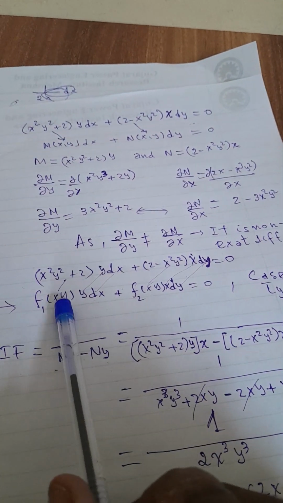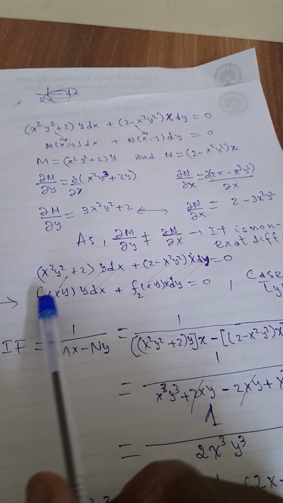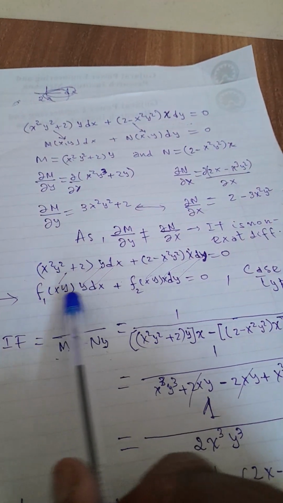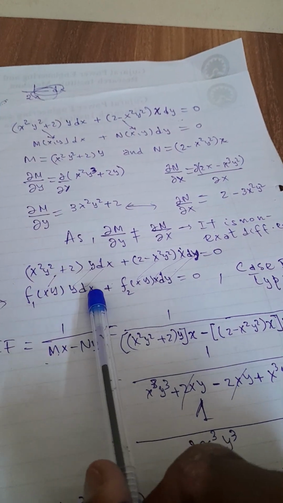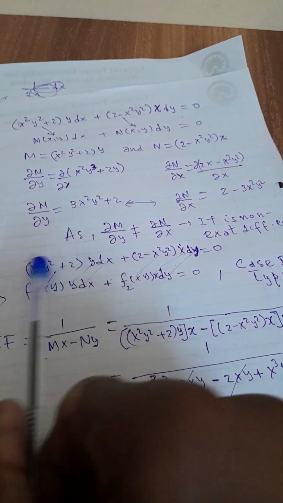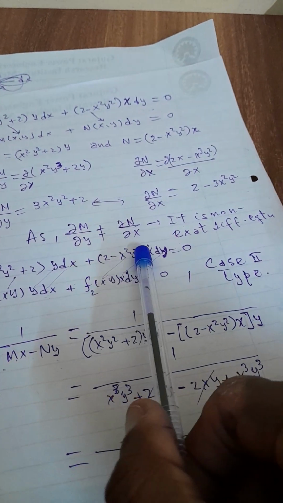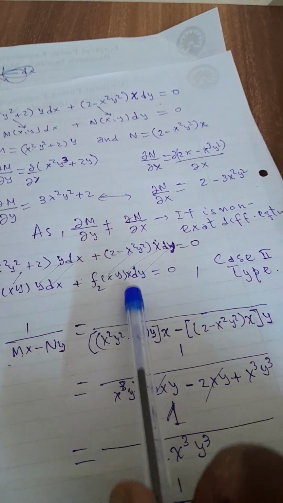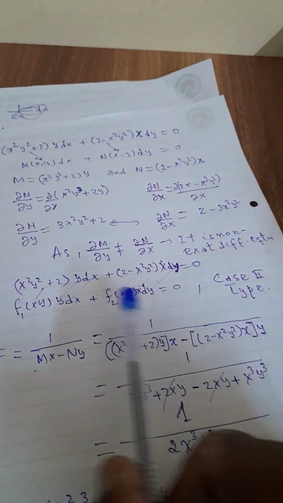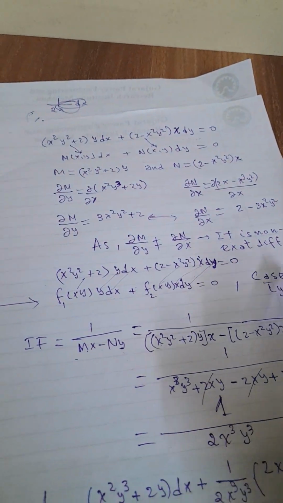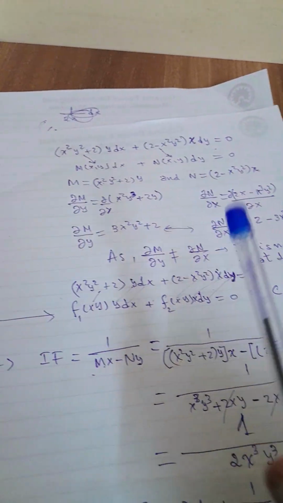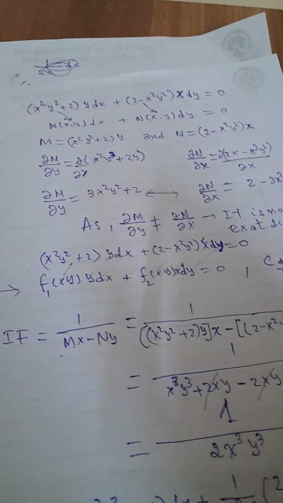Then we compare it with the second case, when it is presented in this form, f(xy) y dx, and you can see there is a function f(xy) here, and this is x dy. So this is in the second form, the second case type of non-exact differential equation.